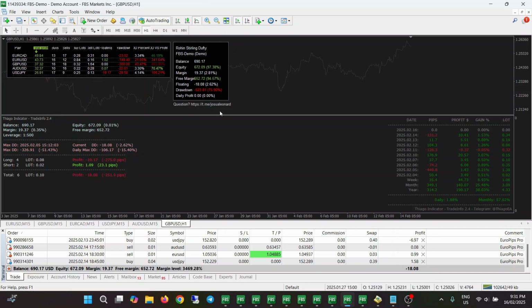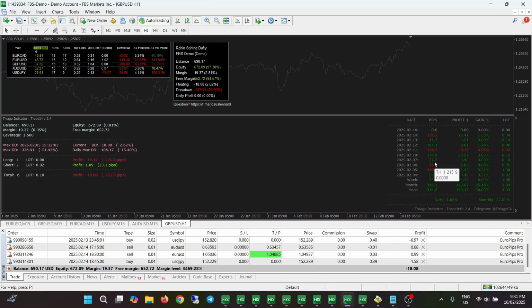But we can see here that Euro-Pips Pro on all these pairs has made a little bit of profits, and the most drawdown was Pound USD and then Euro USD. But all the others have incurred hardly any drawdown, and they've done a little bit of profit. So maybe Euro and GU was the ones that had the CPI news, and it was not beneficial to the EA for that.